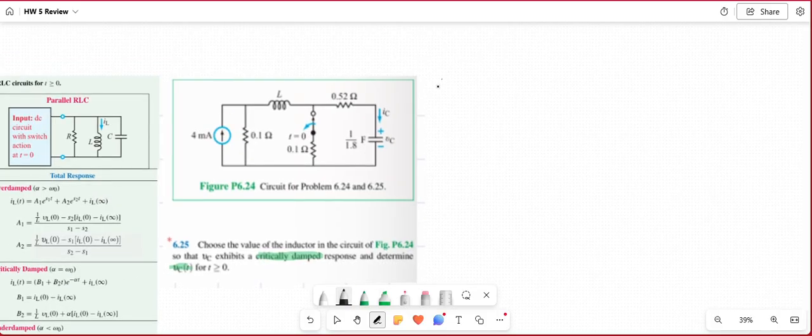So let's start with our initial conditions again. For t less than 0, the switch is right here. So short the inductor.